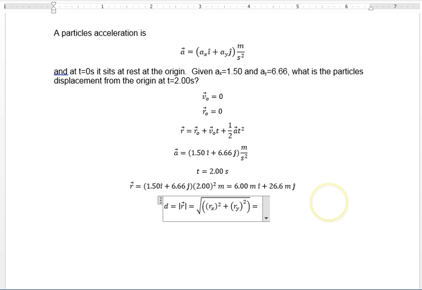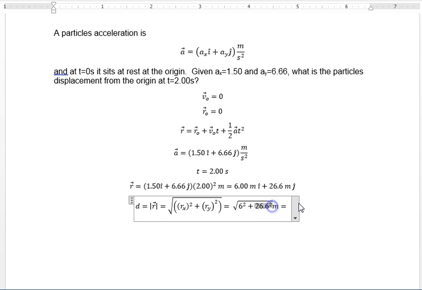So the square root of 6 squared, so 36, plus 26.6 squared. My units at the end of the day are going to be meters, right? Because I have meters squared underneath the square root, and that comes out to meters.